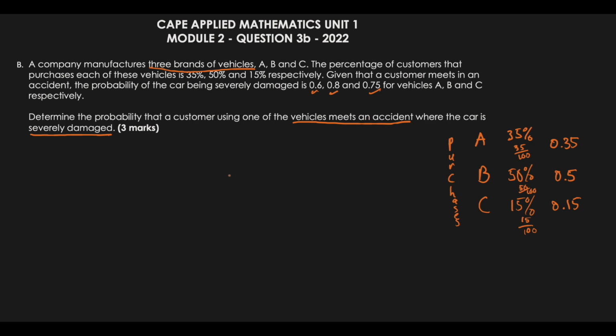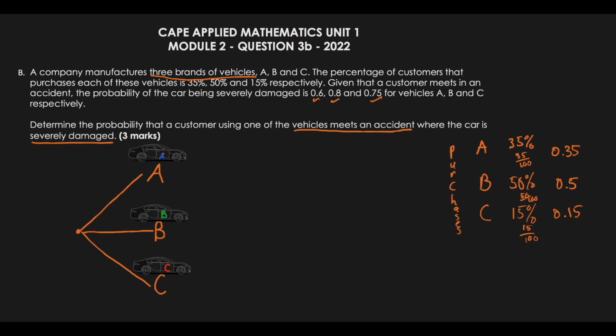So the best way to work this out is drawing a probability tree. We have 3 options. The first option is buying vehicle A. The second option would be buying vehicle B. And the next option would be vehicle C. So for vehicle A, the probability of purchasing vehicle A would be 0.35.